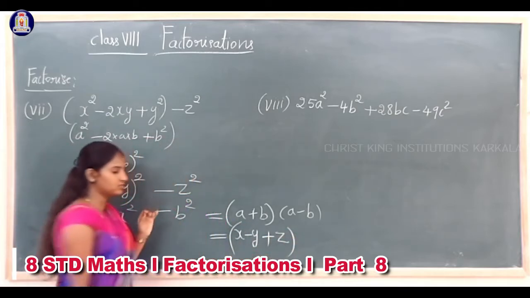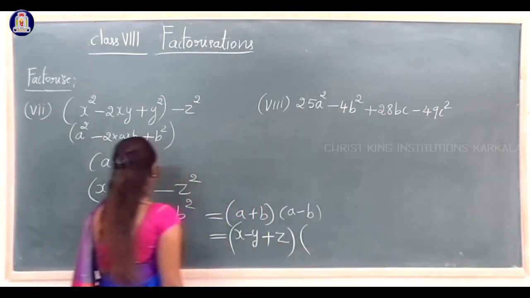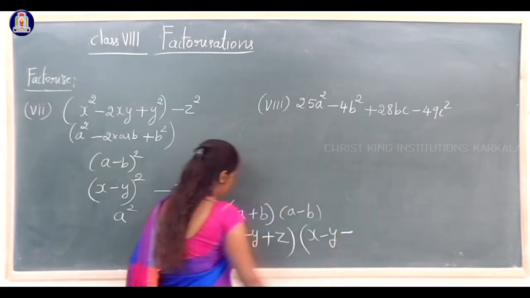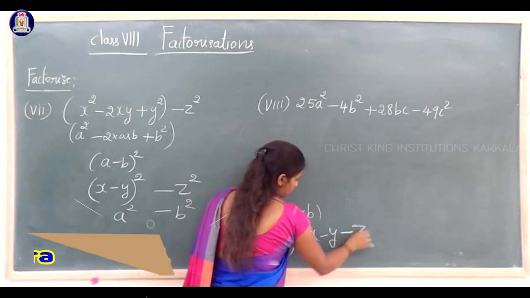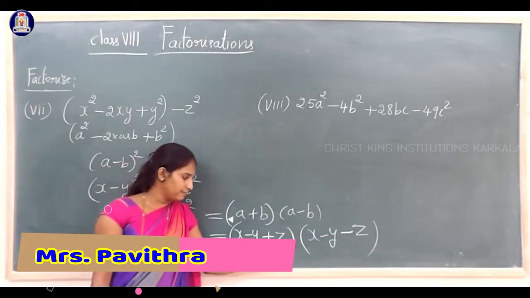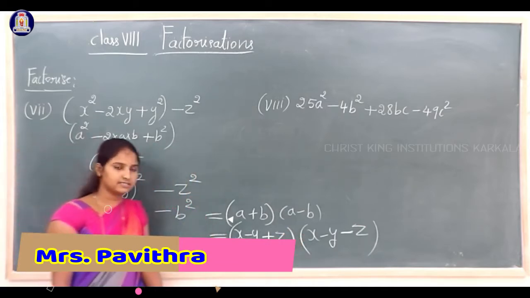So x minus y plus z into a minus b. What is a? A is x minus y, minus z. B is z. So these are the factors. One is x minus y plus z. Another one is x minus y minus z.